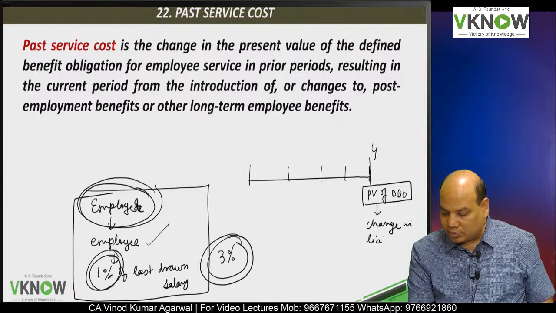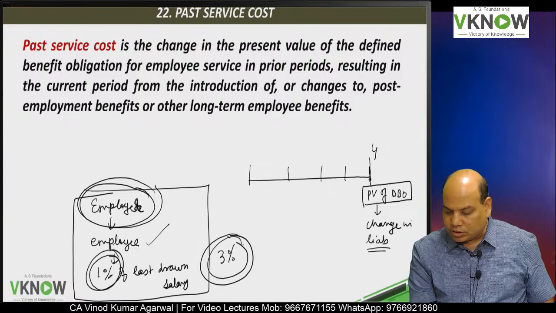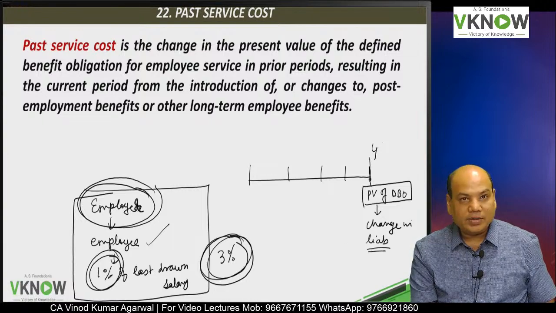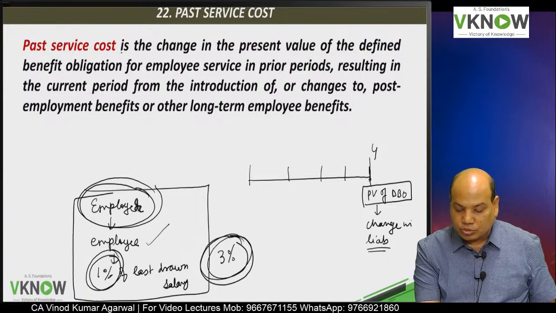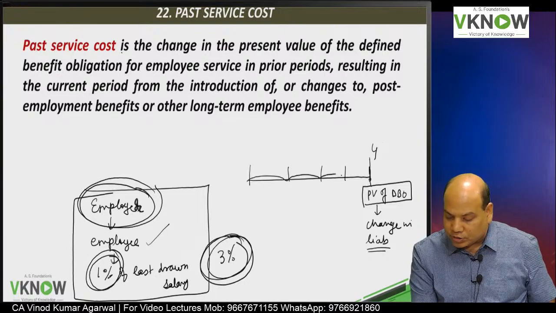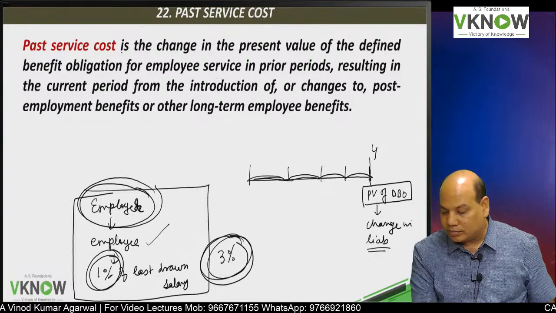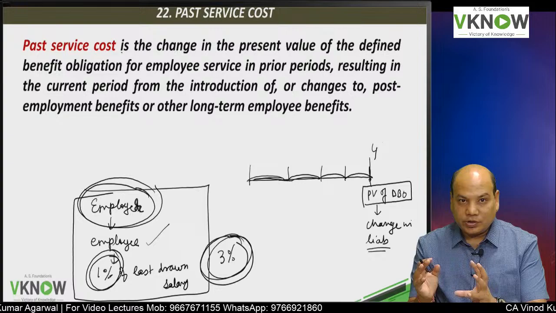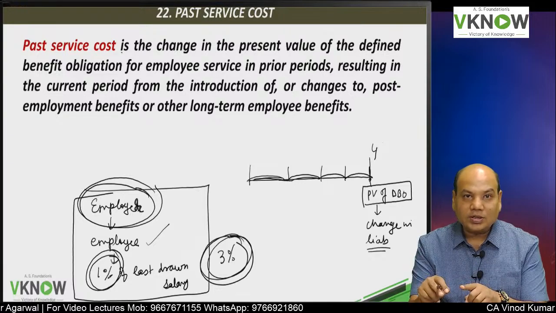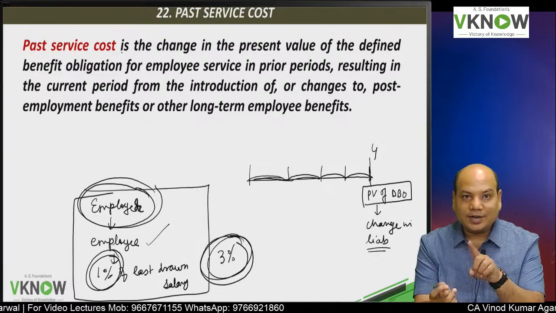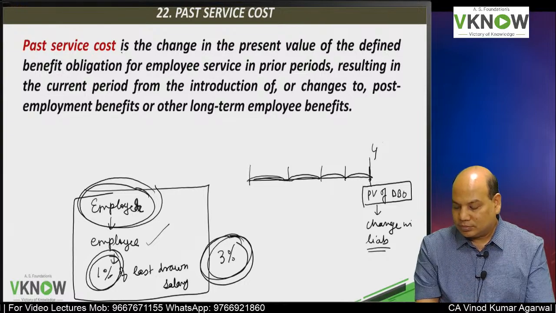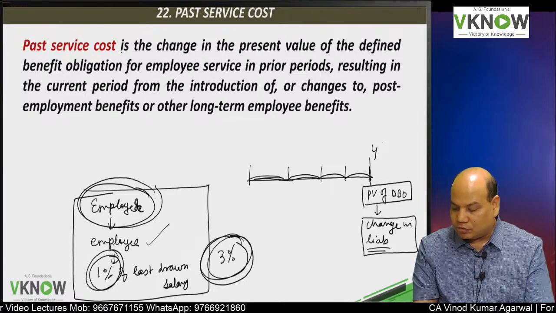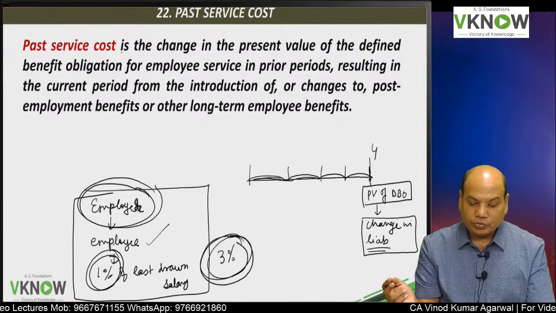The liability changes because the plan has been amended. And these 4 years of service he has already rendered. It is not for the current year. This increase in liability is not due to current year service, it is due to service rendered in the past. So this change in liability is called past service cost.